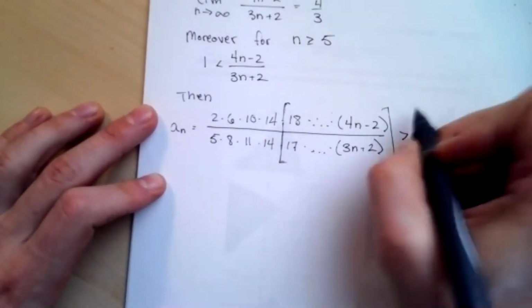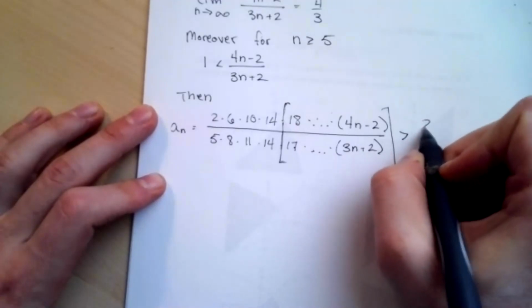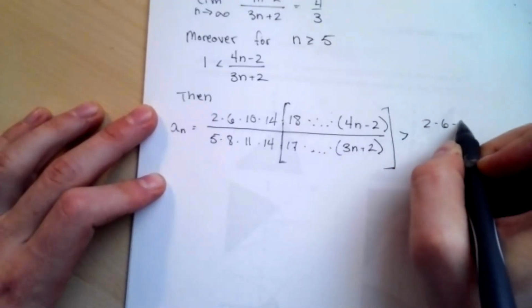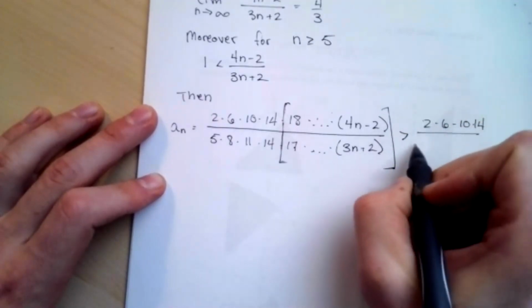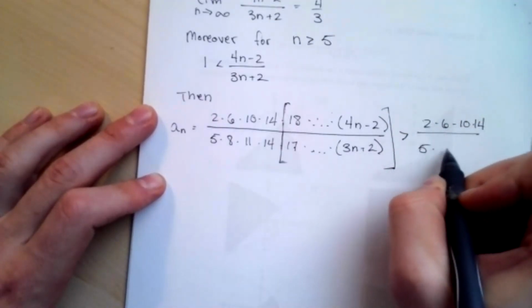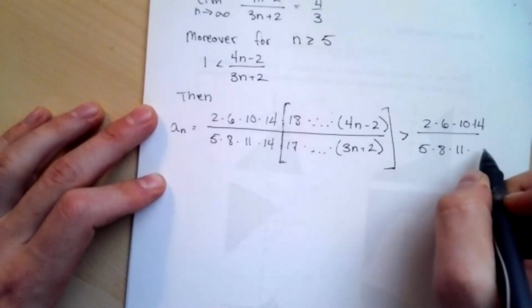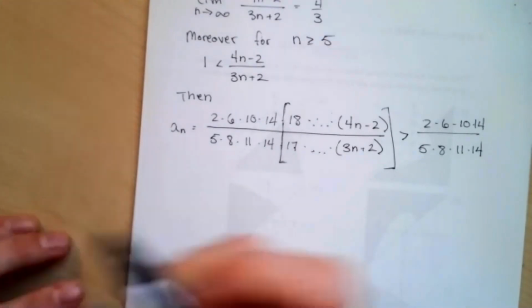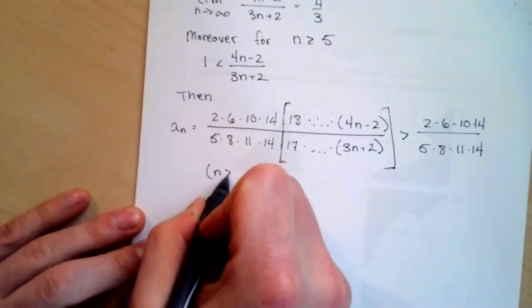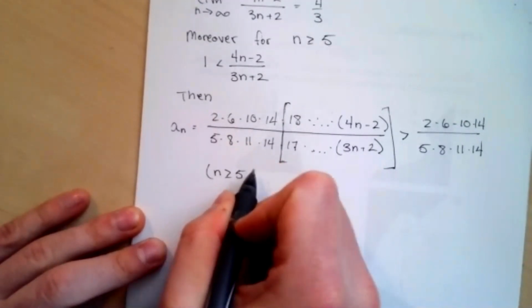So we could say it's bigger than 2 times 6 times 10 times 14. And this is, of course, for n bigger than or equal to 5.